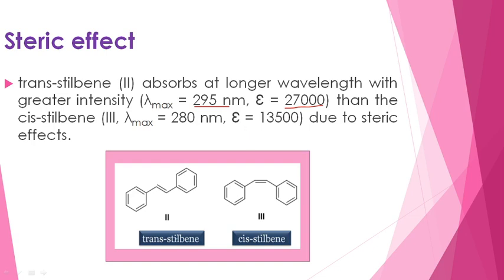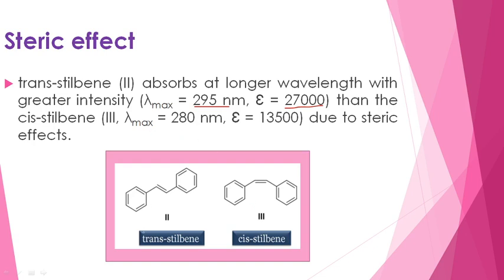If the system is converted to cis, the bulky phenyl groups are cis to each other. Due to electronic repulsions, the pi bonded electrons are influenced by these bulky groups, so the energy gap must increase. As the energy gap increases, lambda must decrease.